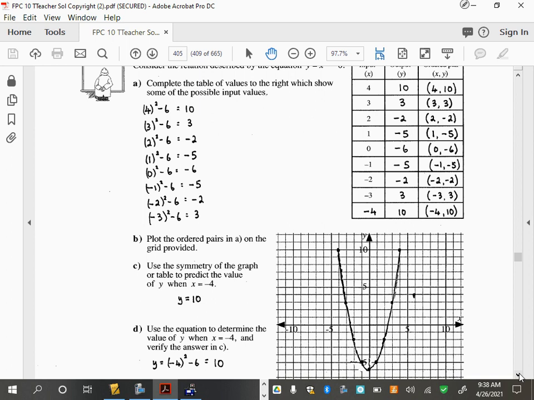And now we plot those points, and as you plot these points, you get a horseshoe or a smiley face or a parabola that faces up. Now again, if you want full marks, you're going to put arrows at the end and label it y equals x squared subtract 6. It's the name of this parabola.